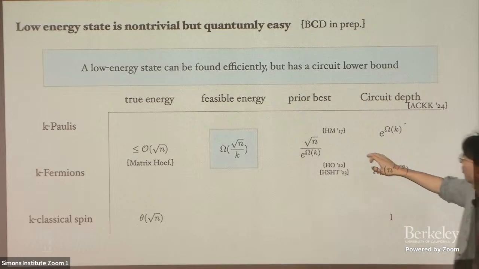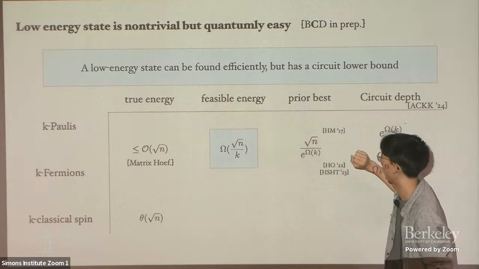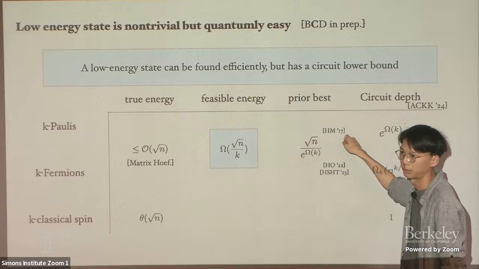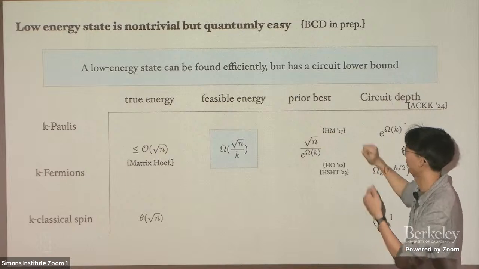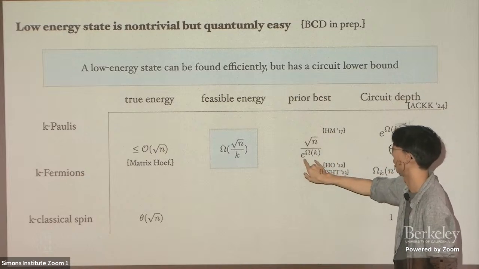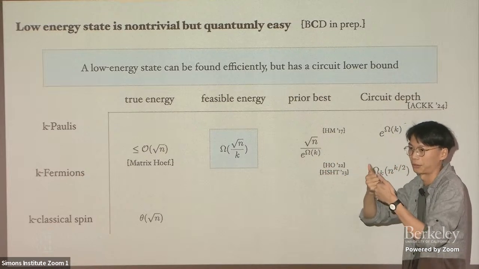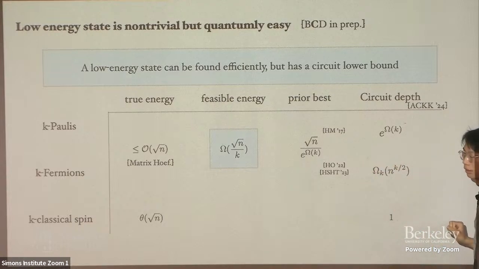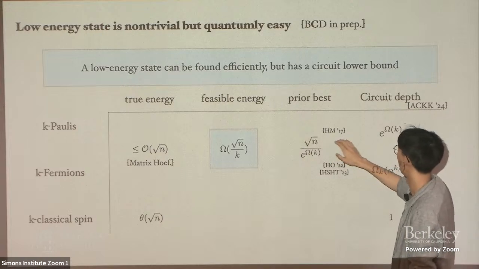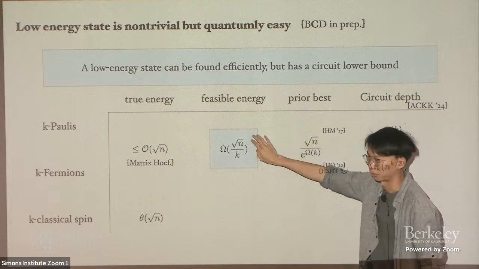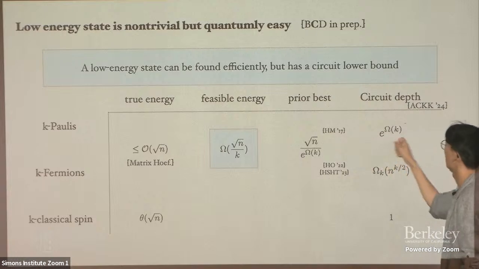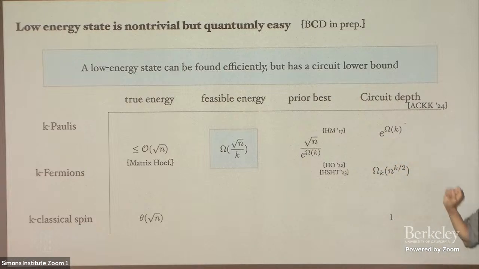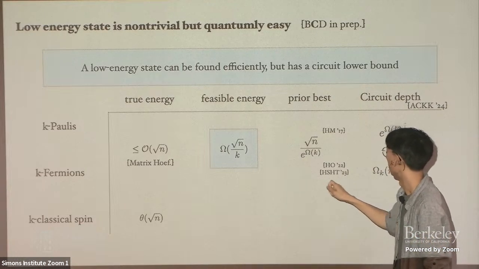Previously, if you just want to optimize k-Paulis, you can just use product states. However, these bounds decay with k, because product states are not well aligned with all these matrices. So in some sense, you already see there's a difference between product states and quantum algorithms, and this is consistent with the circuit depth lower bound.